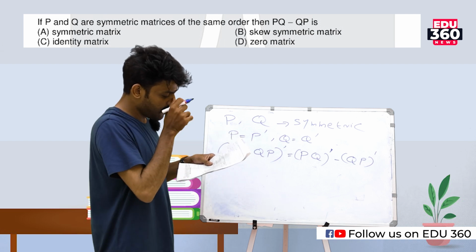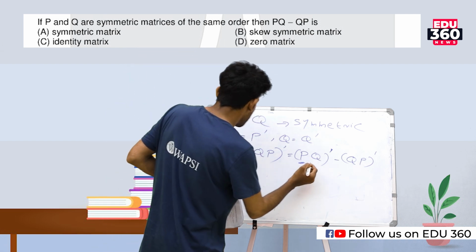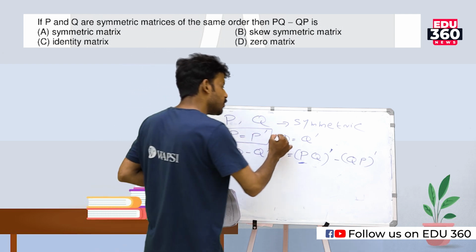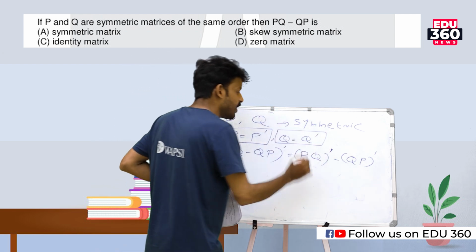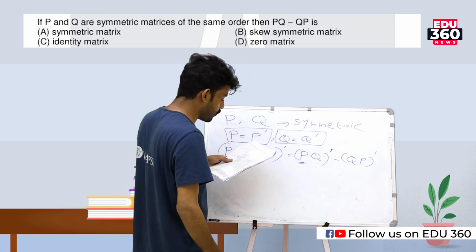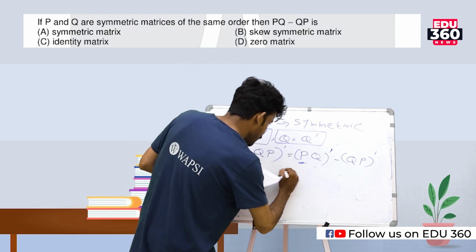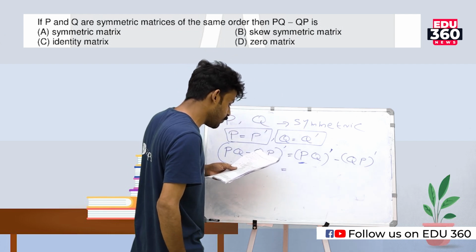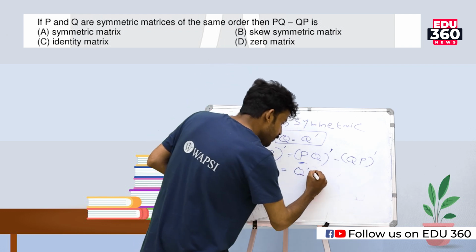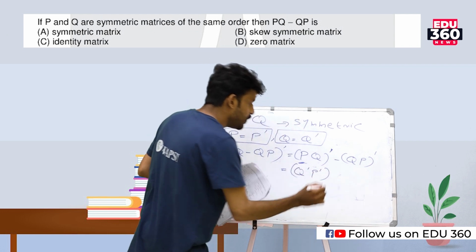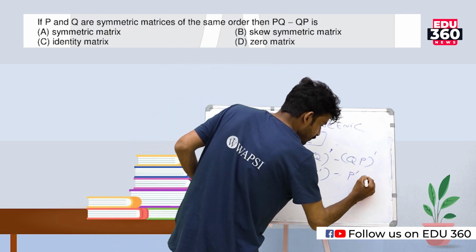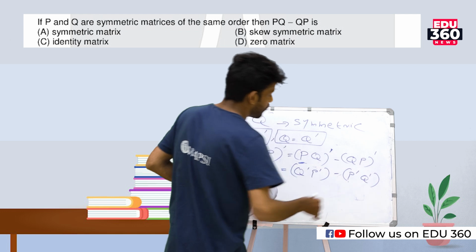Here we know that P is equal to P dash and Q is equal to Q dash. So for PQ dash we can write it as Q dash P dash, and minus P dash Q dash.